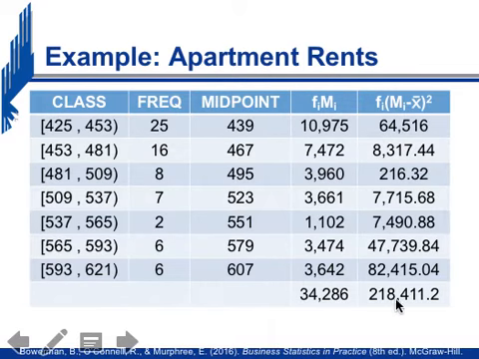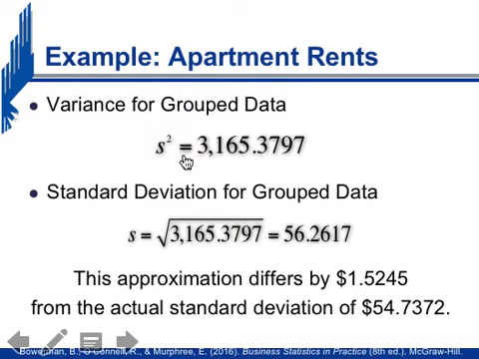And then getting the sum will give you 218,411.2. Now to compute for the sample variance, again, we divide this value by small letter n minus 1. So divide this by 70 minus 1 or 69 and you will get this sample variance, 3,165.3797.